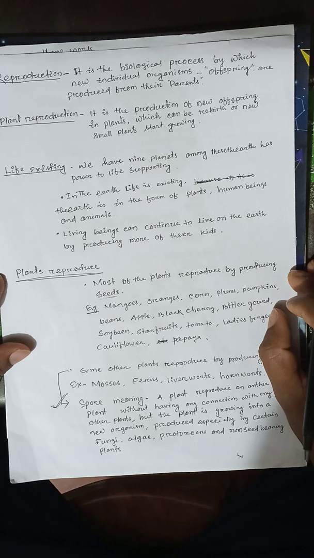So human beings, plants, and animals can live on the Earth. Living beings can continue to live on the Earth by producing more of their kids. So on this Earth, those who are living, they reproduce.